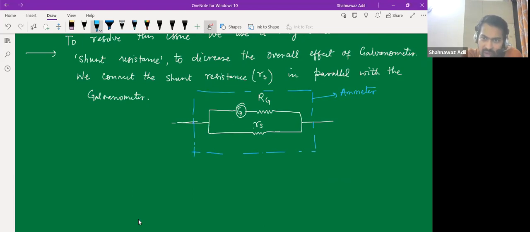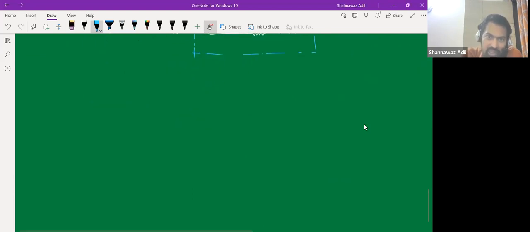Okay, good. So now let us understand the idea of this shunt resistance. I said that if we directly use the galvanometer as an ammeter, so this is my galvanometer which has some resistance. Saad got disconnected.